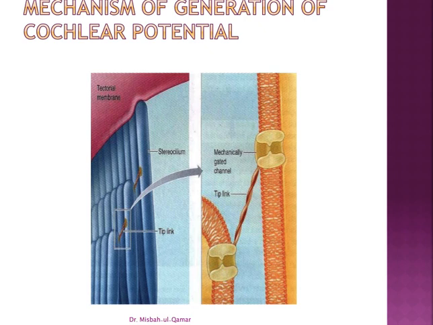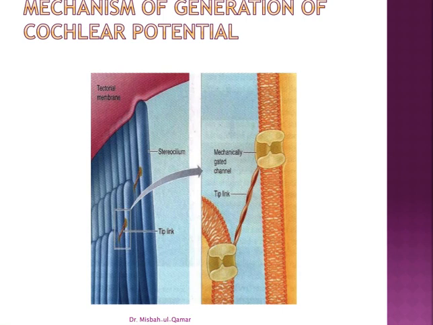So when the other stereocilia bend toward the tallest stereocilium, these mechanically gated channels open. So the movement of the stereocilia towards the kinocilium causes depolarization of about minus 50 millivolts.